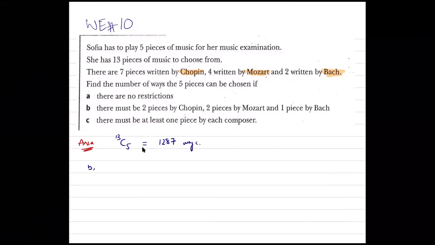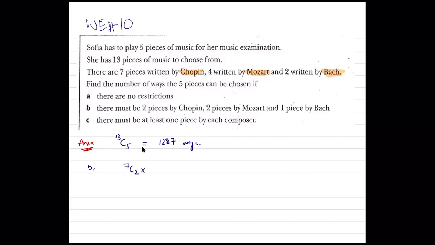Okay, for the second part, there must be two pieces by Chopin, two pieces by Mozart, and one piece by Bach. So, in how many ways can you choose two pieces by Chopin from the seven pieces he has written? 7C2.